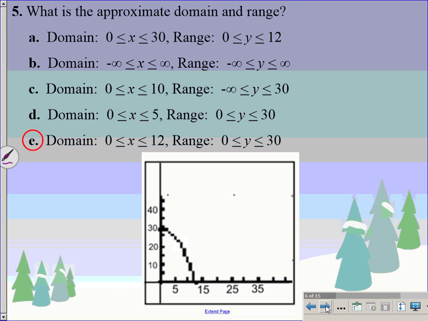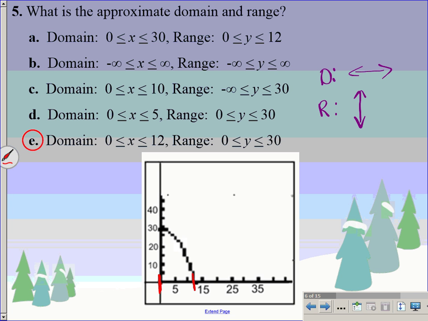Number 5 says, what is the approximate domain and range? Well, remember, domain goes left and right, range goes up and down. And we're looking for the domain and range for this particular window of the graph. So going left to right, we start at 0, and we end at approximately 12, somewhere between 10 and 15.